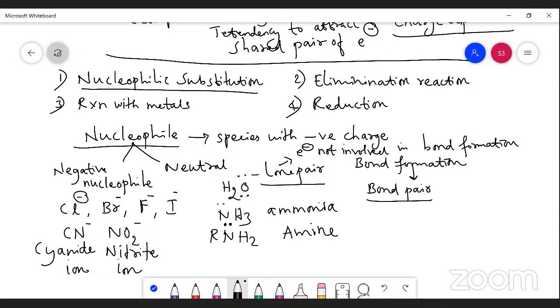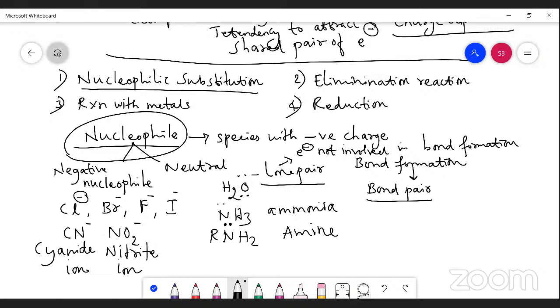Now we know the concept of nucleophile. A nucleophile is a species with a negative charge, and there are two types: a negative nucleophile and a neutral nucleophile. A negative nucleophile clearly shows the negative charge placed on an individual atom.